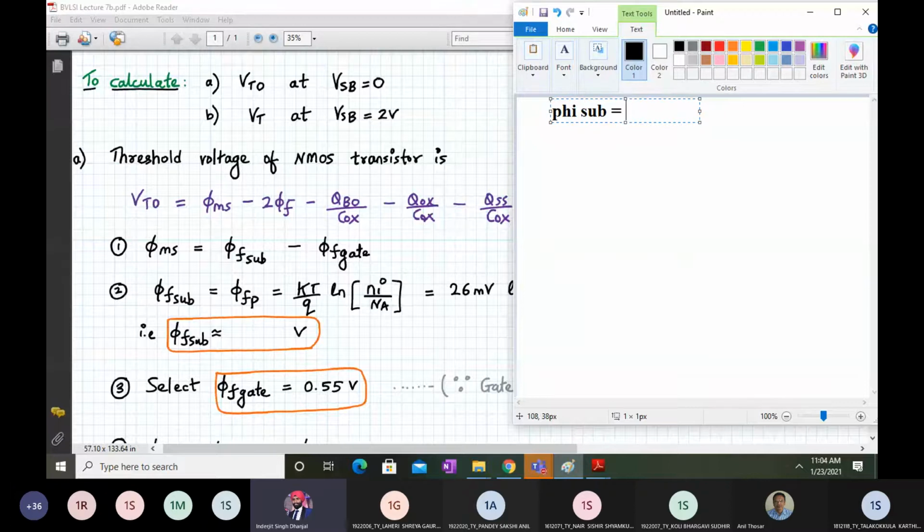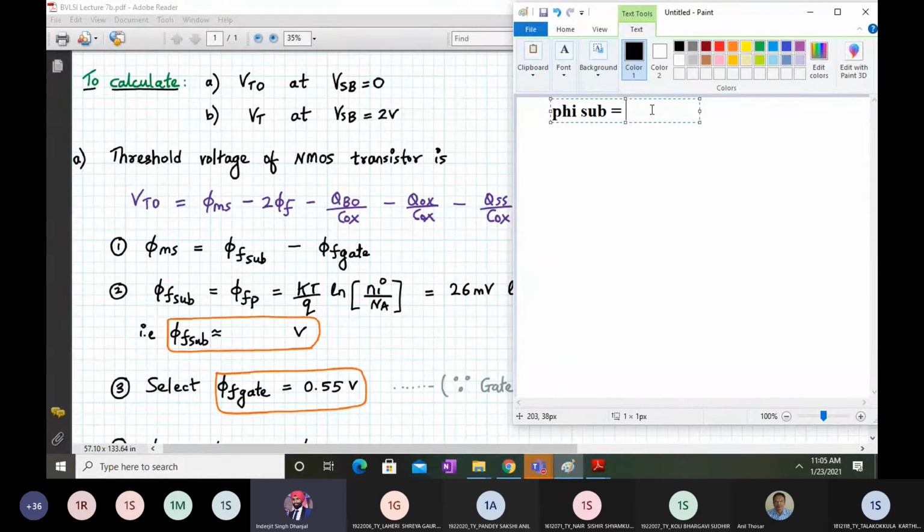Yes, if you remember correctly, this value we have calculated already 2-3 times. I've used the same numbers so you can understand the importance of them. I'm waiting for a few more answers. Phi f substrate, the formula is over here, Kt by Q ln of Ni upon Na.